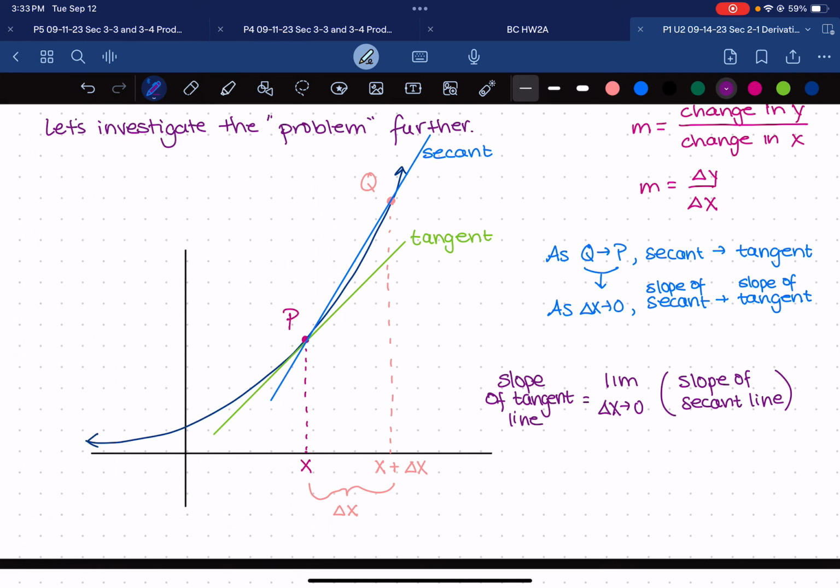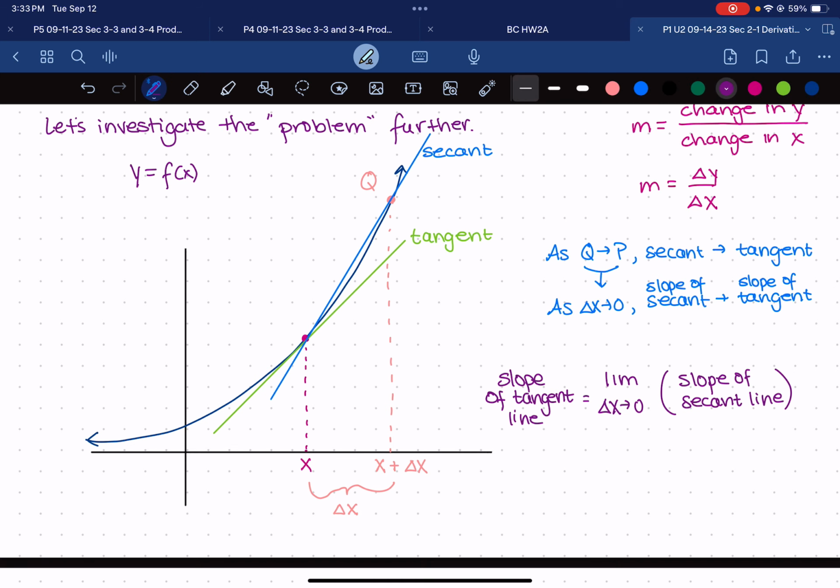If we call this graph the graph of y equals f of x, then we can say the coordinates for point P would be x, f of x, and then the coordinates for point Q would be x plus delta x, f of x plus delta x. The x coordinate is x plus delta x. Plug that into the function to get the y coordinate.